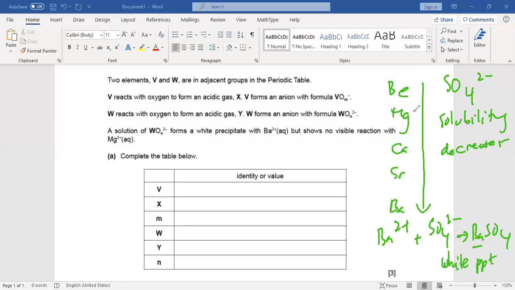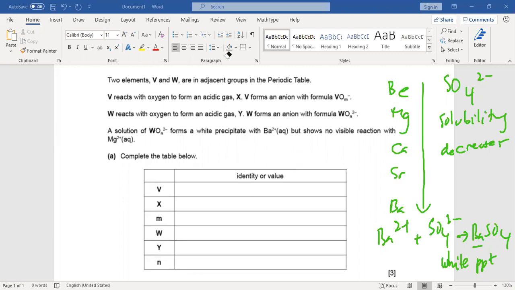But then you might ask why with Mg there is no visible reaction. If you go back to our tutorial, we have the value of delta H solution, and also delta H lattice energy. If you remember the solubility of ionic compounds, it becomes more soluble if the value of delta H solution is negative.